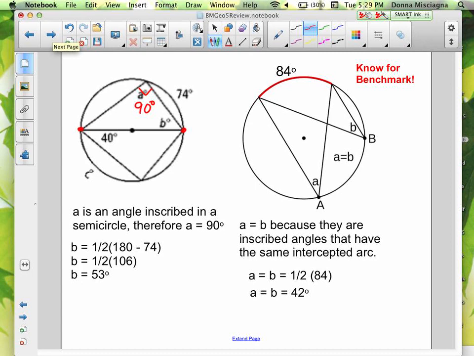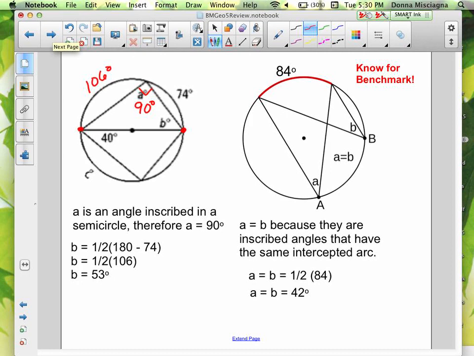Because we can just find the measure of the arcs that it goes with. So here, if this arc is 74, this whole semicircle is 180, means that this arc here is 106 degrees. Angle B is an inscribed angle. Its vertex is on the circle. It's going to be half of 106.